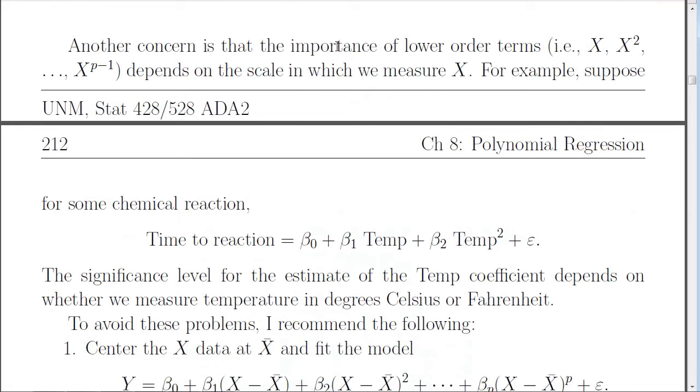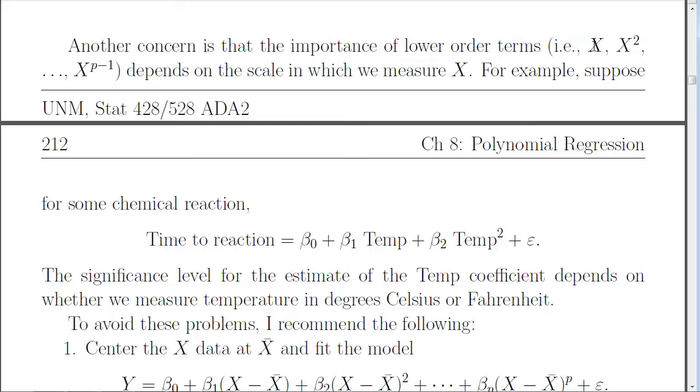Another concern is the importance of the lower order terms. That is, we've got all the way up to x^p, but to support x^p, we have x to the p minus 1 and down to x squared and down to x. And the scale of x will actually determine the importance, that is the significance, of the lower order terms.